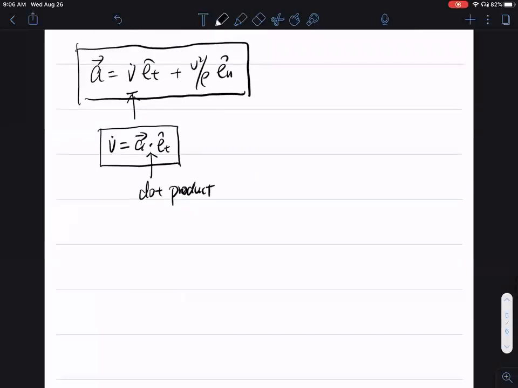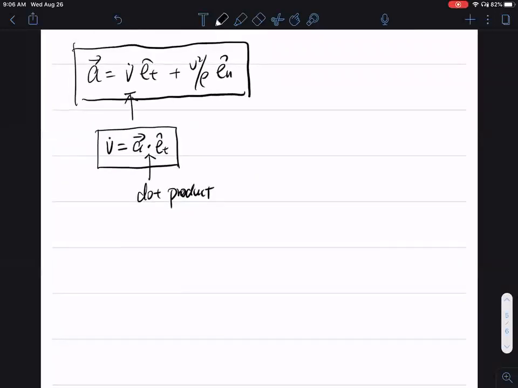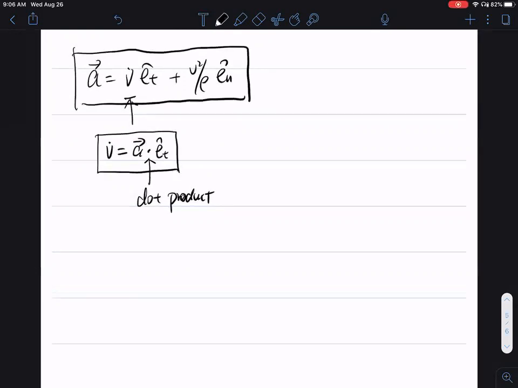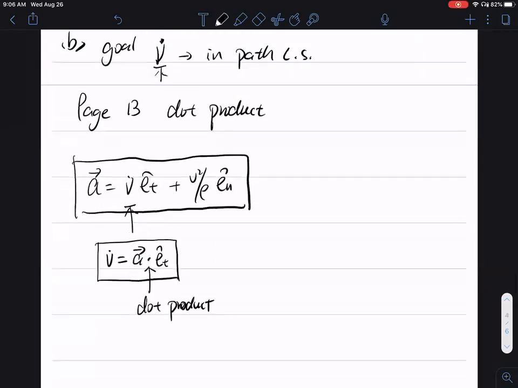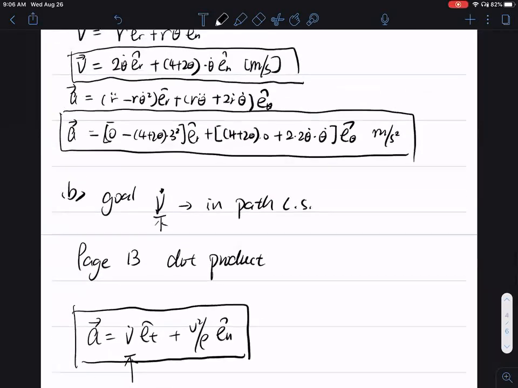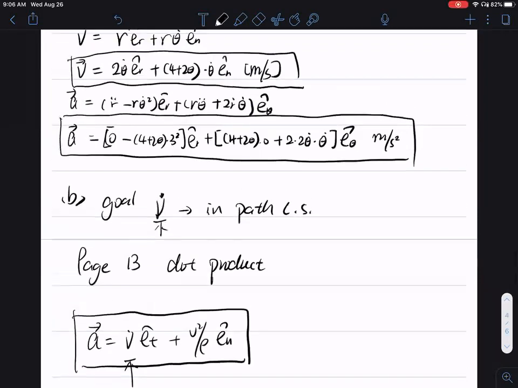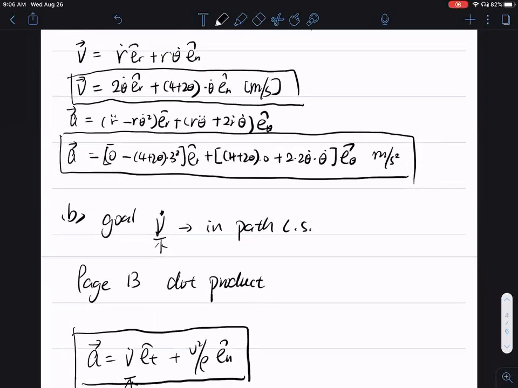Okay. To find e_t, we need to use some of the given information. If we look at the velocity here, we do have the expression for velocity, which is a vector.